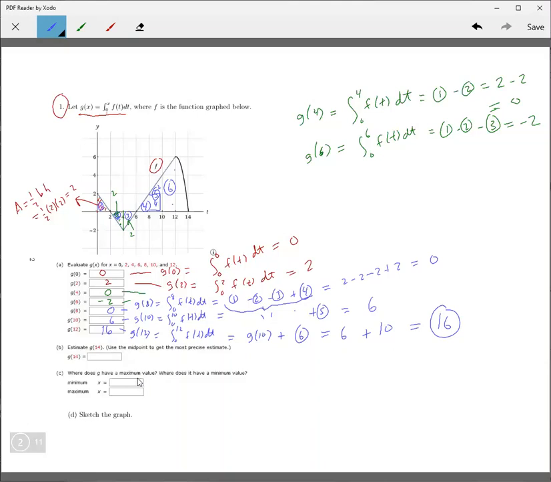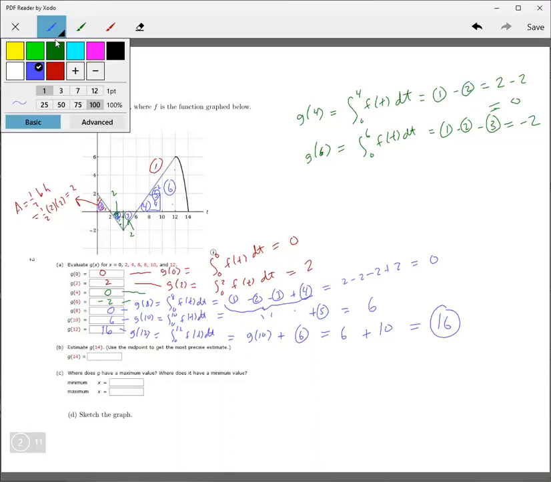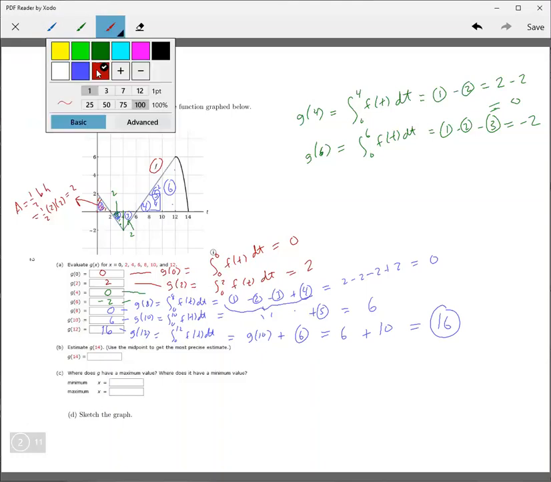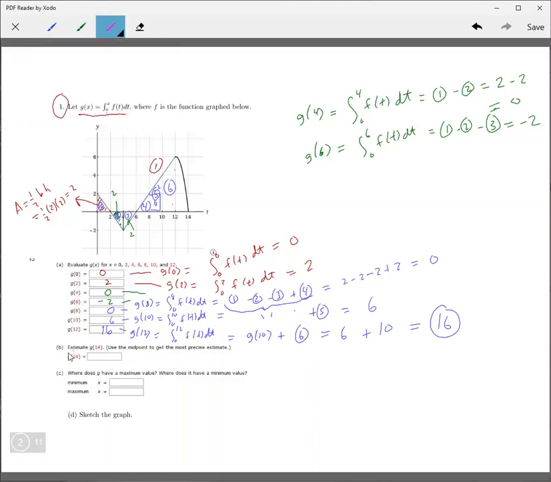And then part B, we're supposed to estimate g of 14. So estimate g of 14. So it's going to be equal to g of 12 plus this area here. We'll call this area 7.